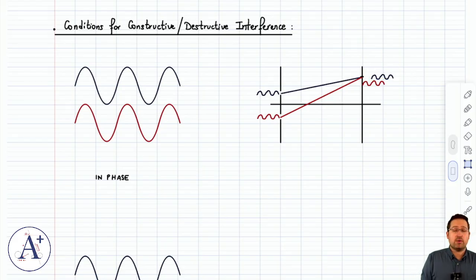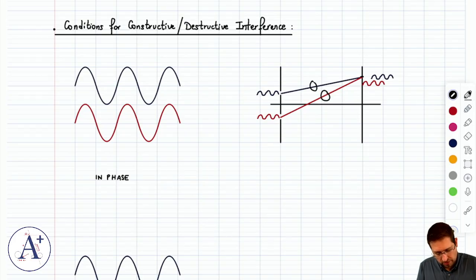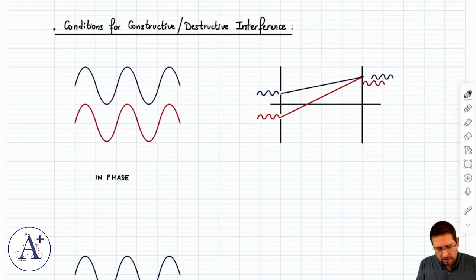The question is how late? And of course that depends on how much longer this is compared to this. Okay. Now how much is the red wave shifted compared to the blue wave? Well, that's going to be called the path length difference. Now really the path length difference is the difference in length between this path and this path, but what it amounts for in the end is how much the two waves are shifted, right?